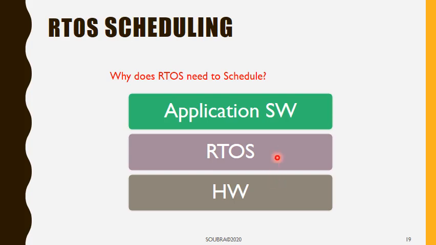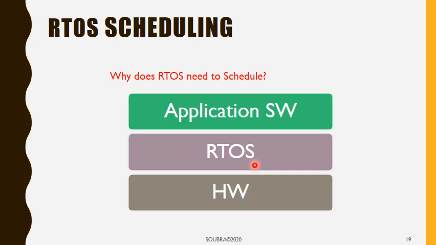of any computer, and because embedded systems are nothing but computers with some additional constraints, most probably timing constraints, right? So the question is, why do real-time operating systems need to schedule?